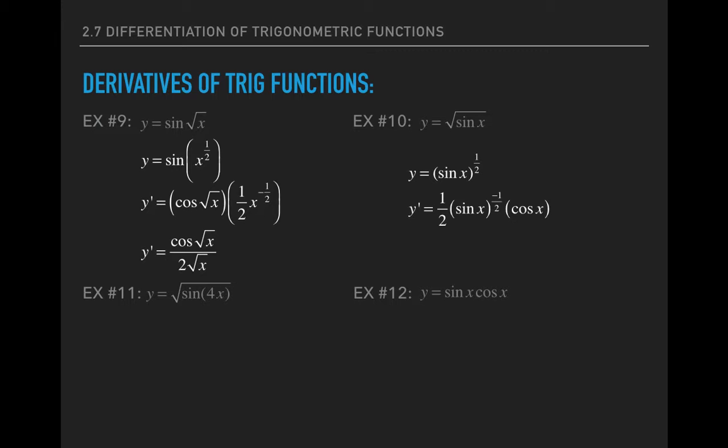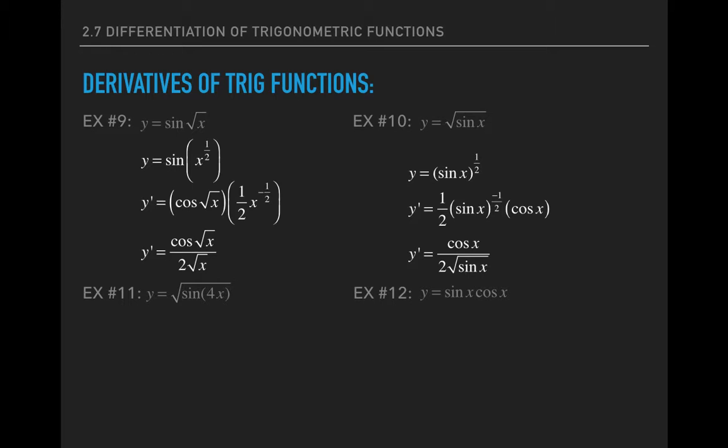So you're going to have 1/2 inside function to the negative 1/2 power times the derivative of your inside function. The derivative of your inside function of sine is cosine. Now to simplify this, your cosine function stays in the numerator, 2 is in the denominator, and now you're taking the square root of sine x and putting that in the denominator so that your power is positive.